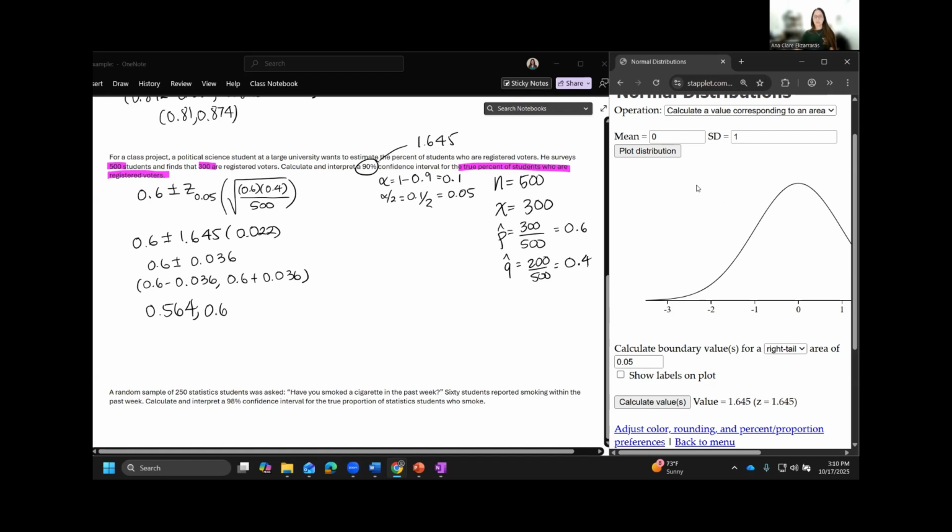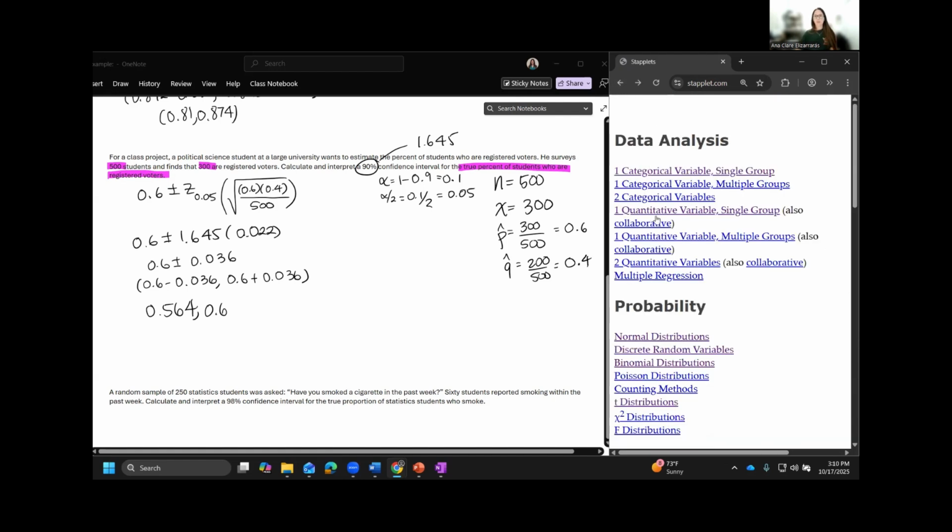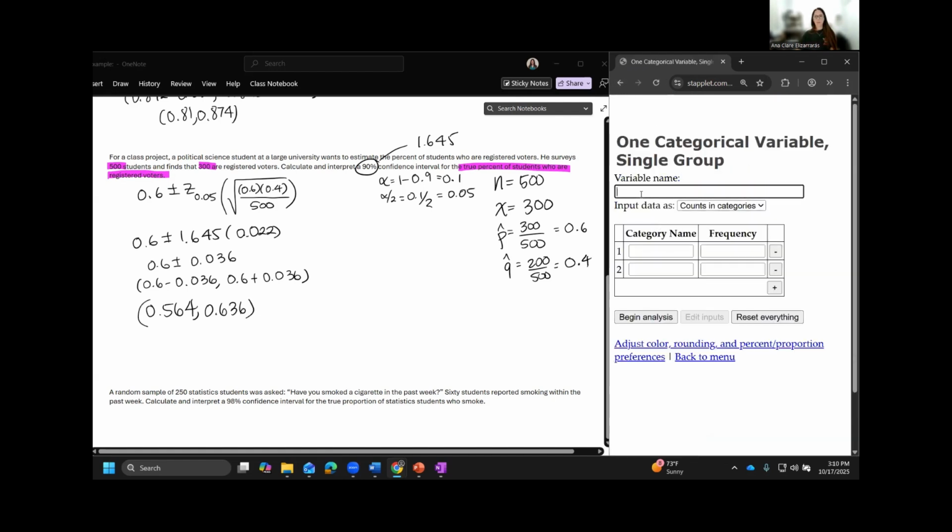Let's confirm this in Stapplet. So we go back to categorical, and these are registered voters. And then you could say registered with 300 and not registered with 200. It's up to you.